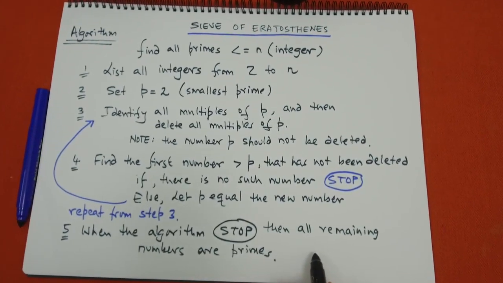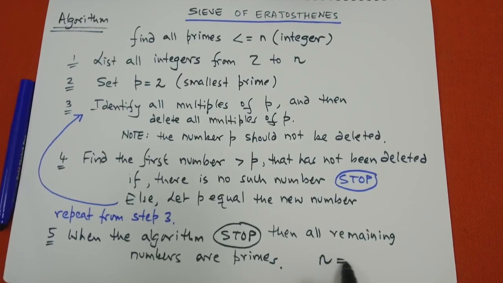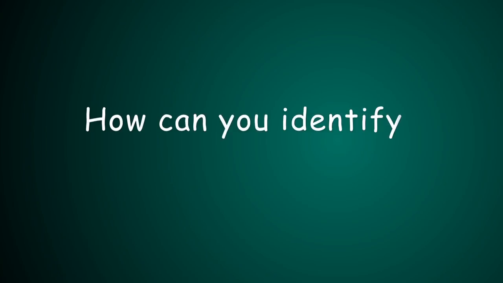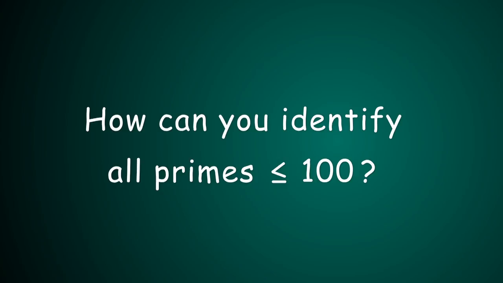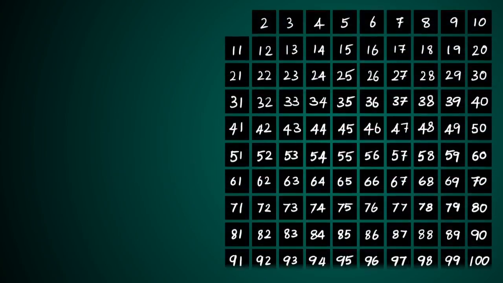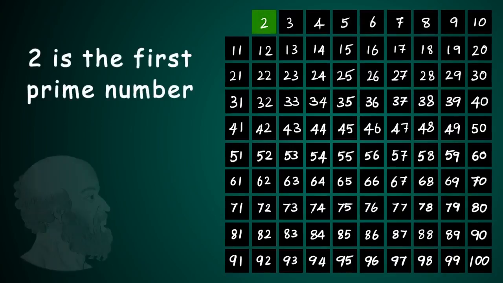In that example we will choose the number n to be equal to 100. Our objective here is to identify all prime numbers less than or equal to 100. So we start by highlighting the smallest prime number, which is 2.